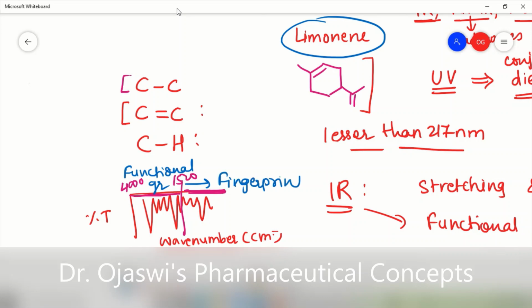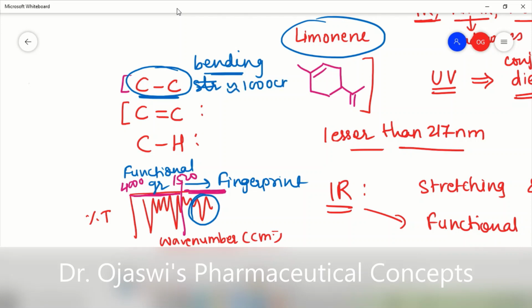The C single bond C stretching, or maximum times the C single bond C are all bending vibrations. So the presence of C single bond C bending is confirmed by the appearance of a peak around 1000 centimeter inverse.